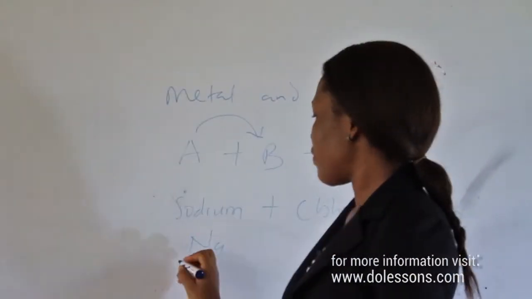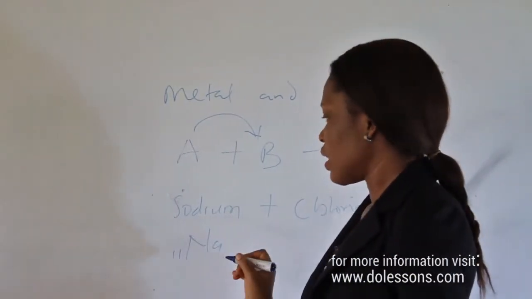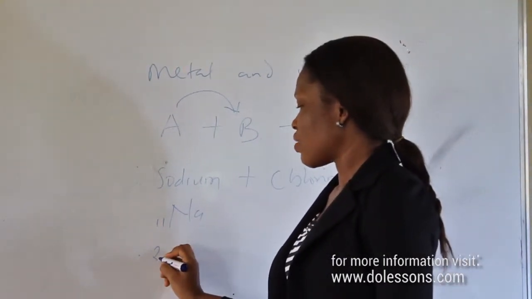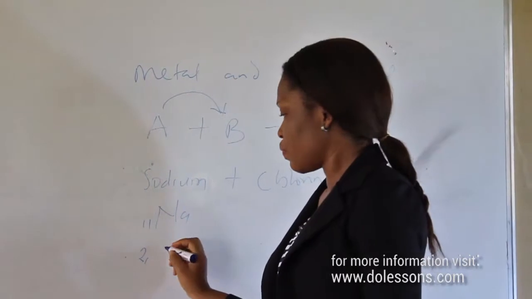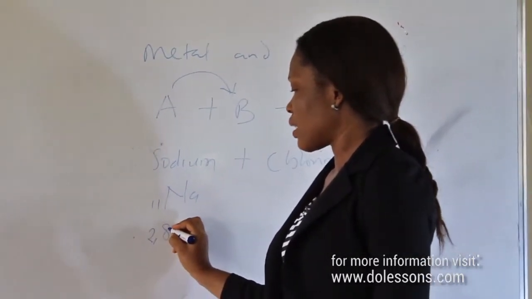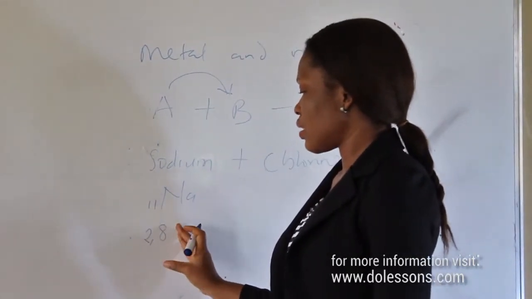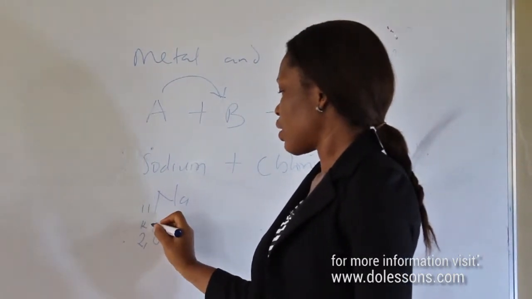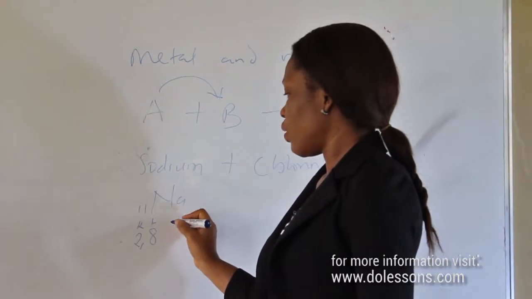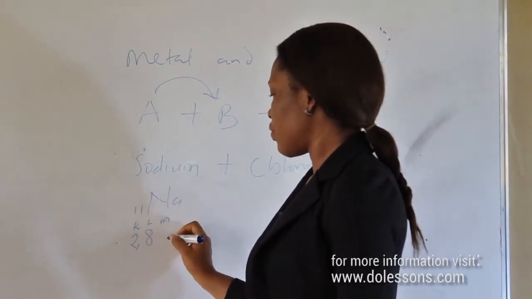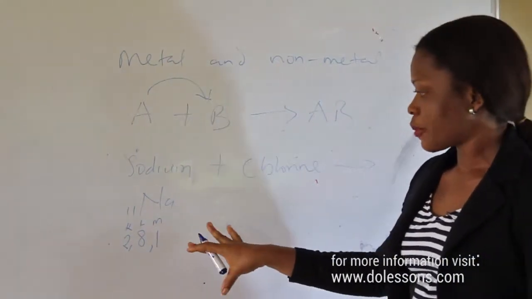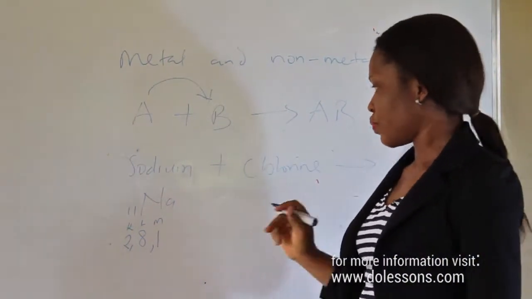Sodium has 11 electrons. The 11 electrons will be arranged in this form. The first 2 electrons are in the innermost shell of sodium. The remaining 8 electrons are in the second shell. The first shell is the K shell, the next one is the L shell, while finally the M shell will have 1 electron, and that will complete the 11 electrons of sodium.